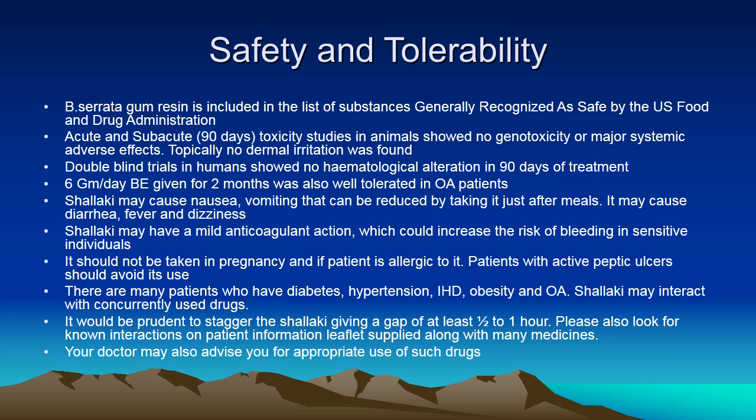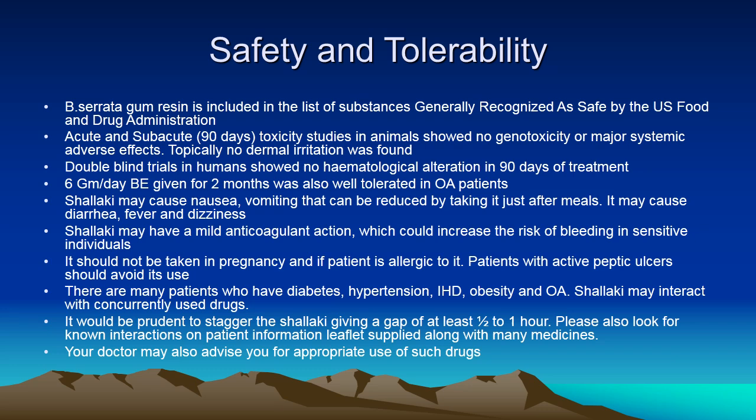It may have a mild anticoagulant action, which could increase the risk of bleeding in sensitive individuals or those who are already taking anticoagulant drugs. It should be avoided in pregnancy, in young children, and in those patients who are allergic to it. It should not be used in patients with active peptic ulcers.